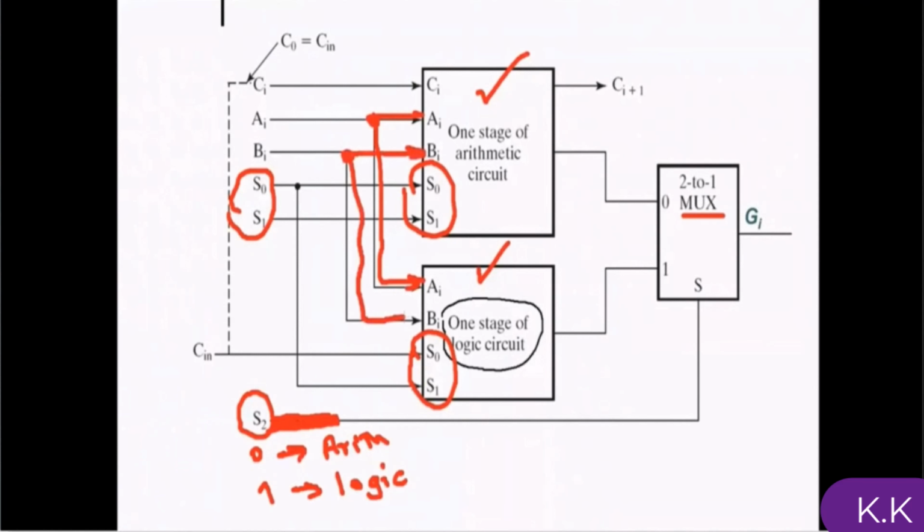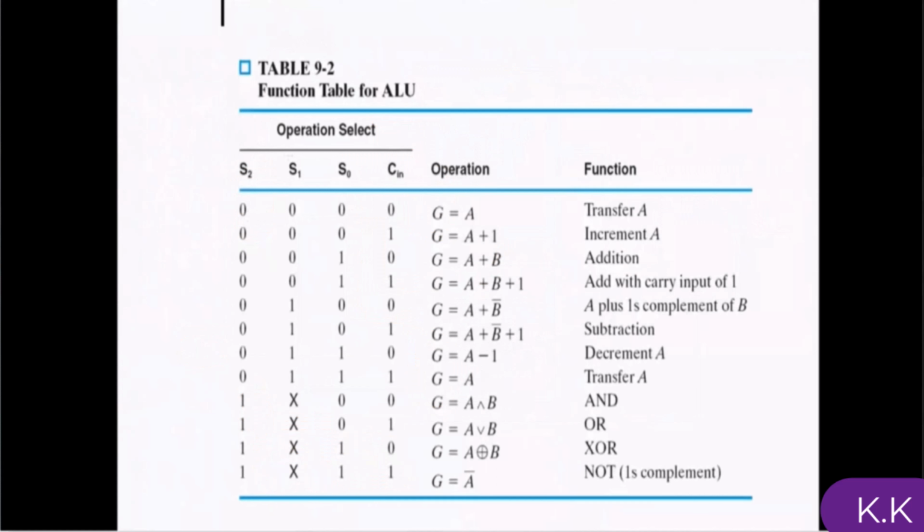If S2 is 0, then it is in the mode of arithmetic. If S2 is 1, then the system is in the logical operation mode. A index and B index are given to both of the modules, here and also here.